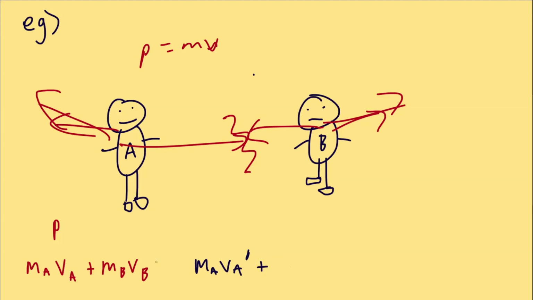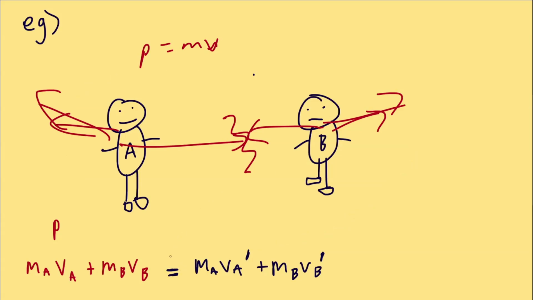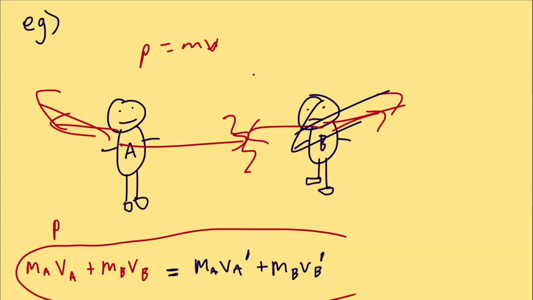And we'll do the same thing for the second dude. His momentum after the collision. Following the collision, the total momentum in the system is the same as it was prior to the collision, because there's no net force acting on them. It's just these two guys. And this right here is the equation for the conservation of momentum.